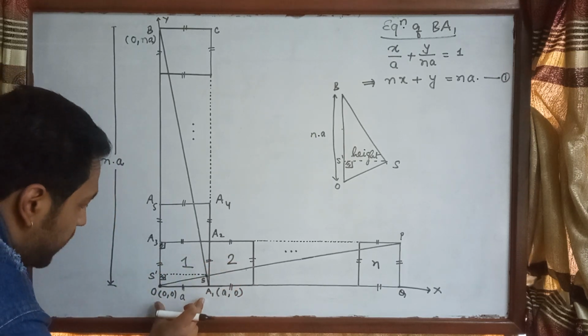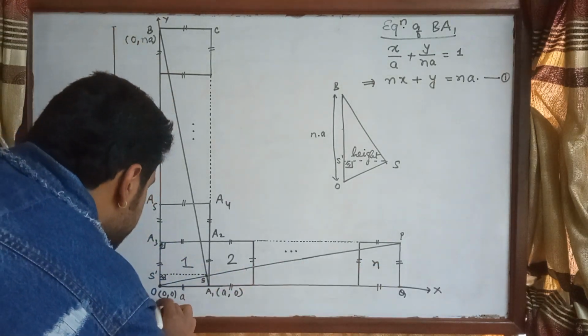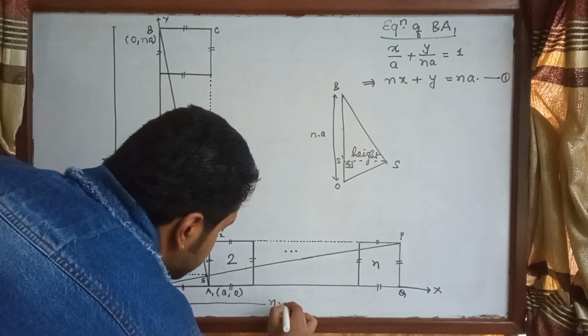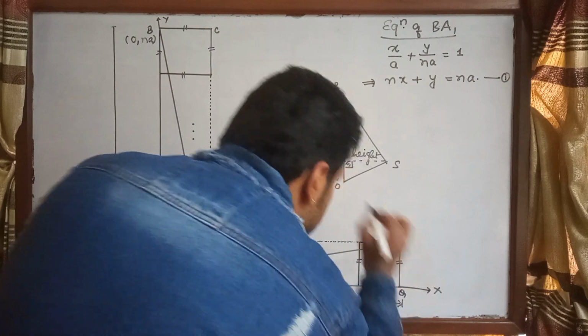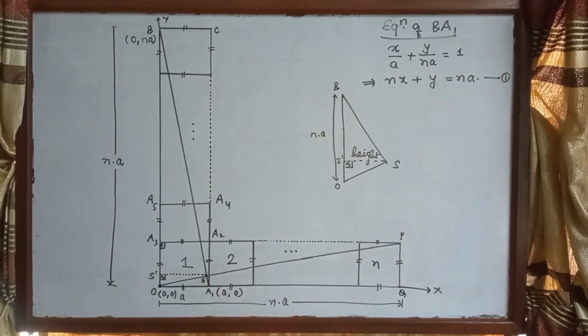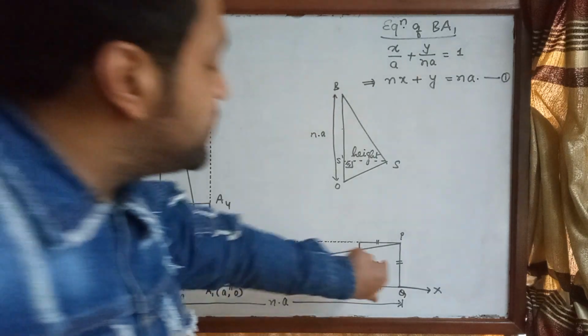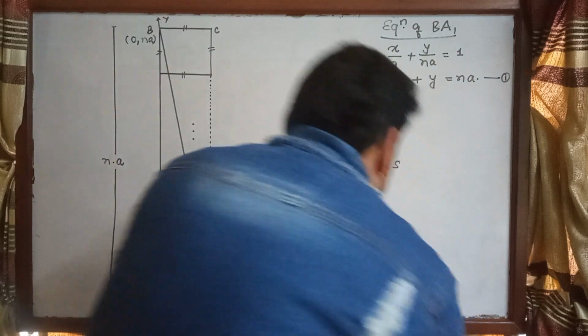With two squares, a plus a, which is 2a. So similarly, if we have n different squares, this length will be n times a, and since this side is a, we have PQ equal to a.